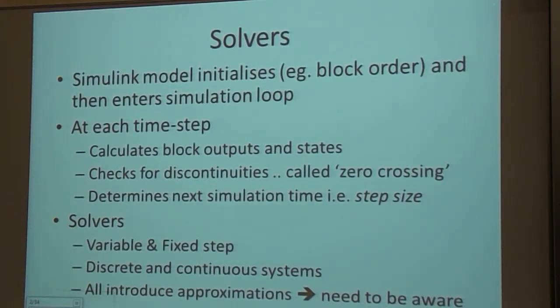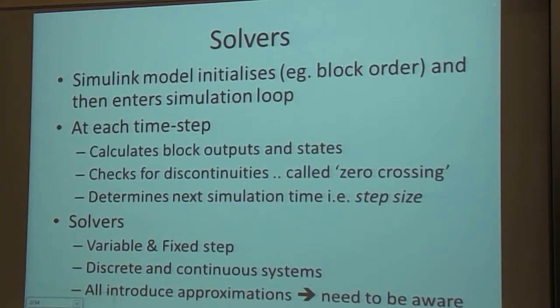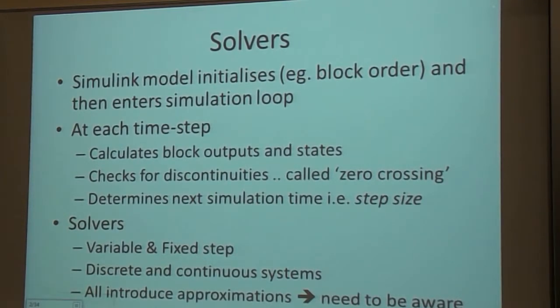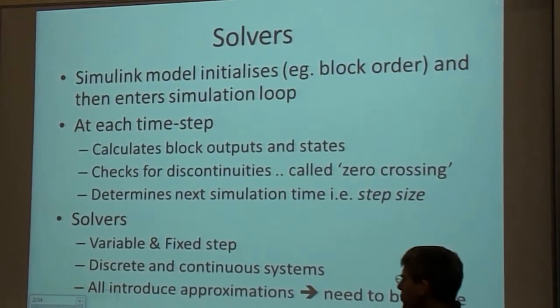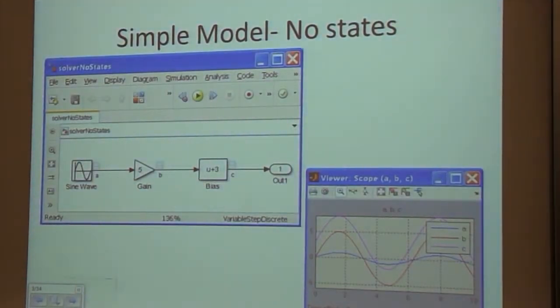And of course, what Simulink does as a black box is it tries to approximate stuff, and it introduces errors in doing so. So you just need to be aware that as a black box, it has its limitations, and in order to control the error, you need to kind of know what's going on and maybe make changes. I'm going to show you what that means as we go through this.